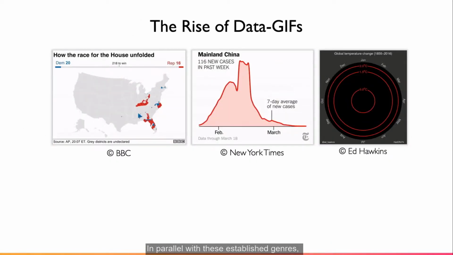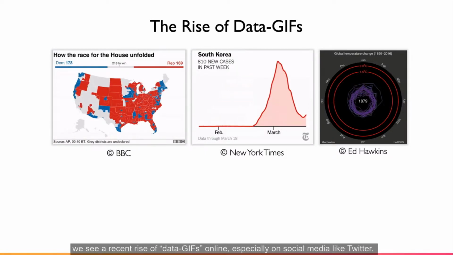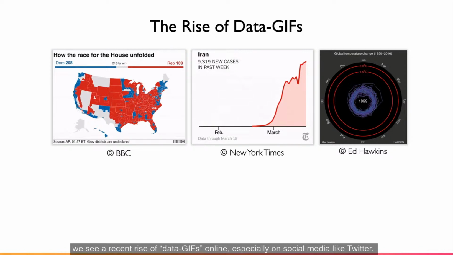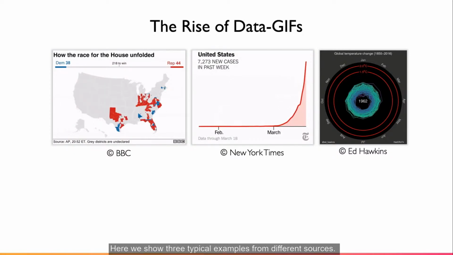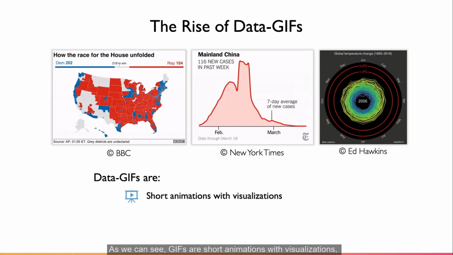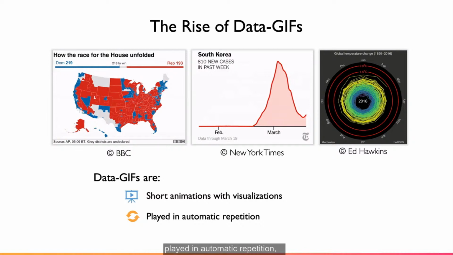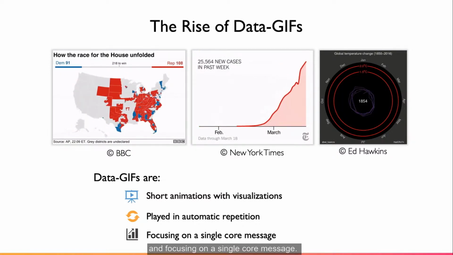In parallel with these established genres, we see a recent rise of data GIFs online, especially on social media like Twitter. Here we show 3 typical examples from different sources. As we can see, GIFs are short animations with visualizations, played in automatic repetition, and focusing on a single core message.